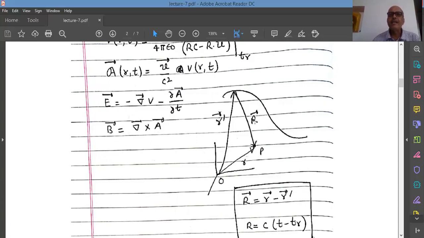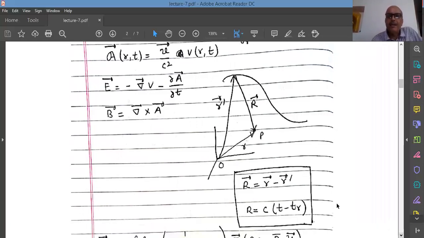And R is a vector connecting the retarded position of the charge to the field point P. So by making use of a simple vector formula, we can write r vector to be equal to R vector plus r dash vector, and by making use of that equation, we can write R vector to be equal to r vector minus r dash vector.